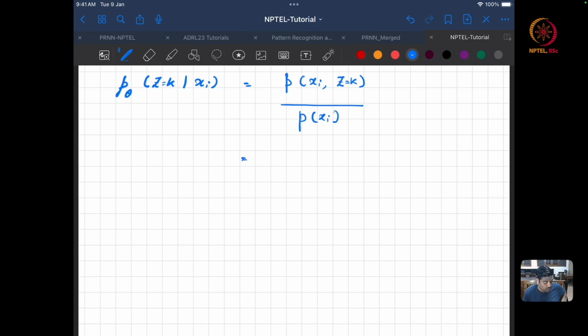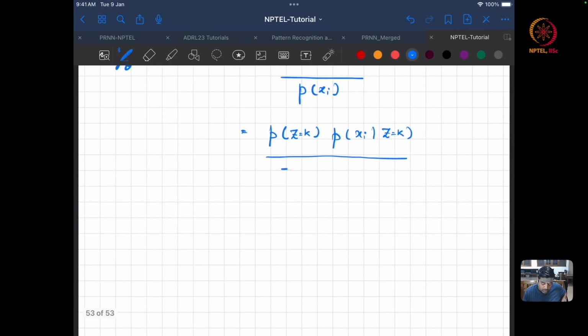This is equal to p of z equal to k times p of xi given z equal to k, divided by the summation over j equals 1 to m of the mixing coefficient alpha j times normal xi parameterized by mu j and sigma j.